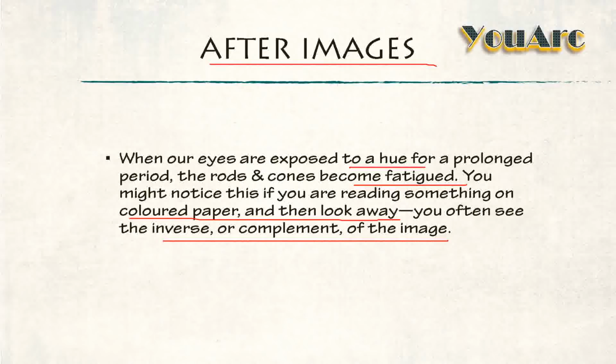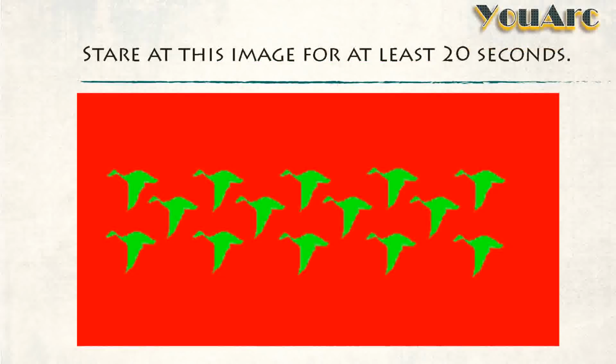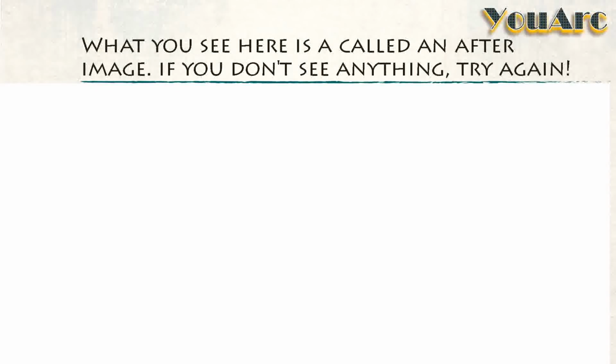So let's see this with example so that you can understand better. Stare at this particular image for at least 20 seconds. Keep staring at that. What you see in the white space is called after image.